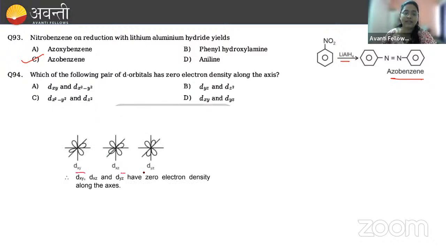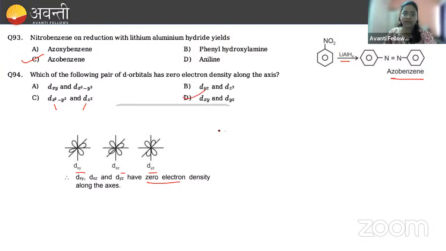You know dxy, dyz and dxz, these three orbitals are in between the axes, and that's why they will have zero electron density along the axis. Among the options, the remaining ones, dx²−y² and dz², are along the axis, so they will not have zero electron density. So dxy, dxz, dyz will have electron density zero. So the answer will be D.